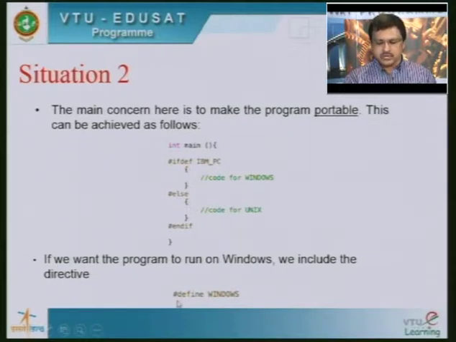You can say hash define Windows. As soon as the preprocessor looks at this, only this portion of the code is included in the source file, or this code, not both. Thereby you can control portions of the code which have to be included for a particular hardware or software platform.